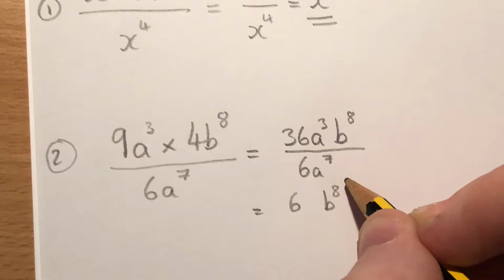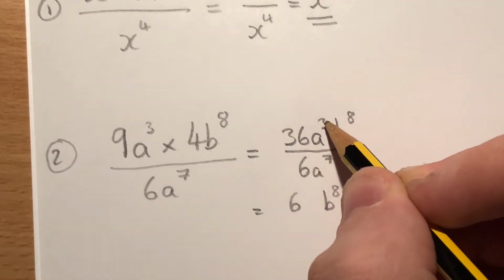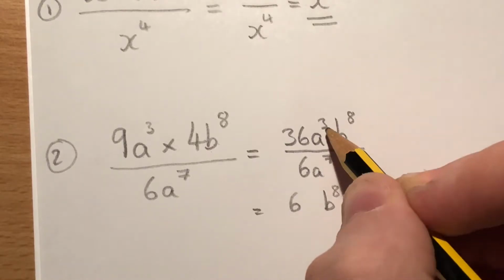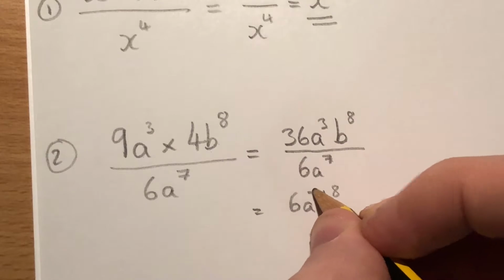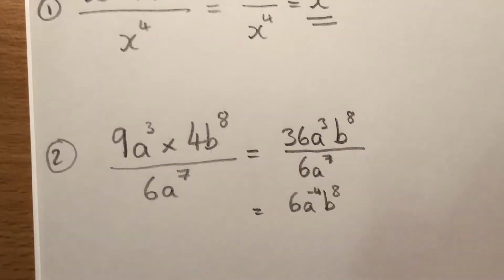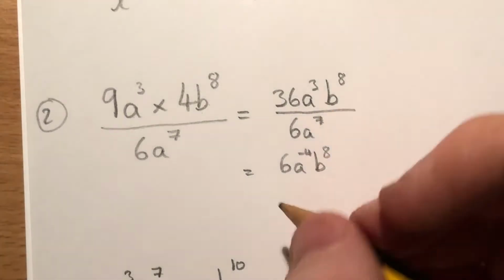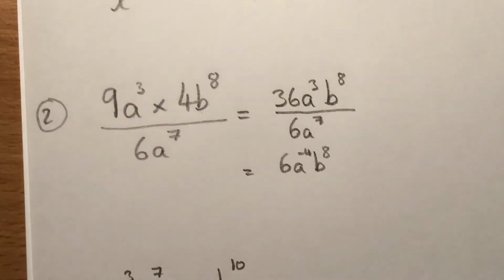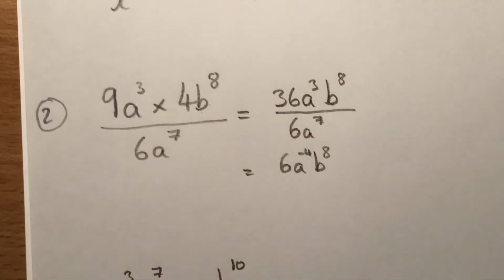There's nothing happening on the bottom with that. But we've got a to the power of 3 divided by a to the power of 7. So rule 2 of indices says you just subtract the powers. So 3 take away 7 gives us a to the power of negative 4. Notice I've kept the letters in alphabetical order. Now we should know from rule 5 of indices, it states if we had a to the power of negative n, it's 1 upon a to the power of n.